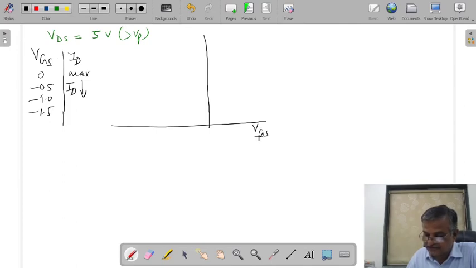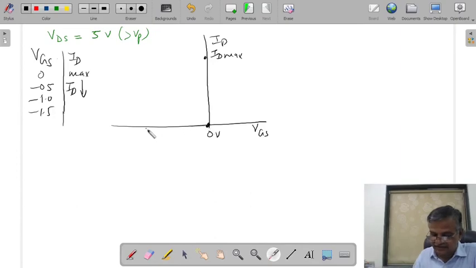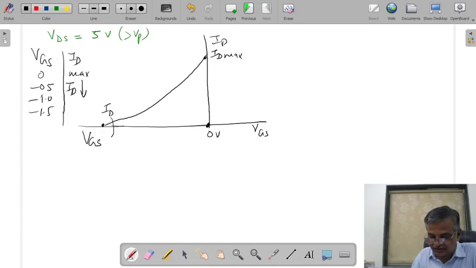This is VGS, this is the drain current. When VGS is 0, your drain current is maximum. As the negative voltage increases, the drain current decreases. So I'll show you the graph is like this. At a certain value of the VGS, your drain current is 0 at this point.